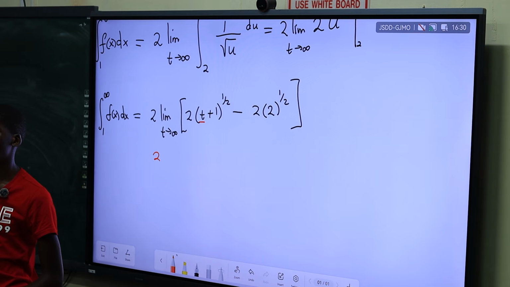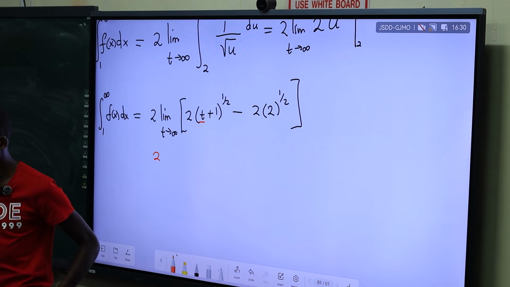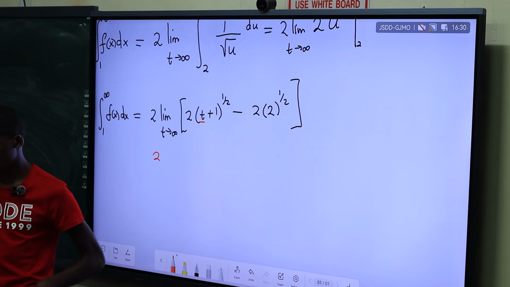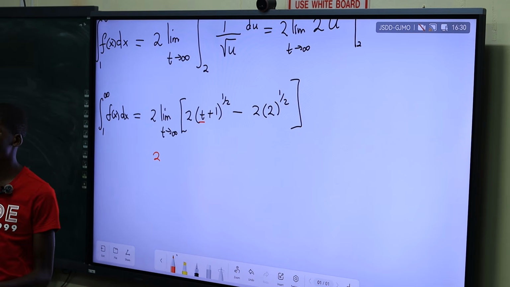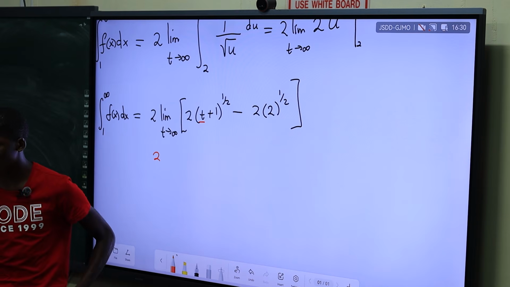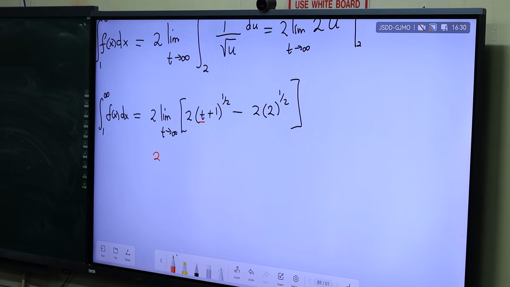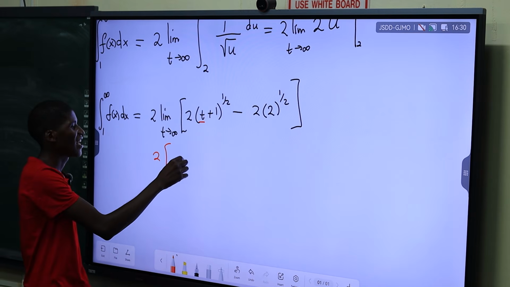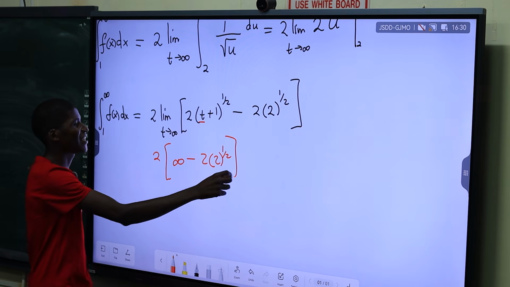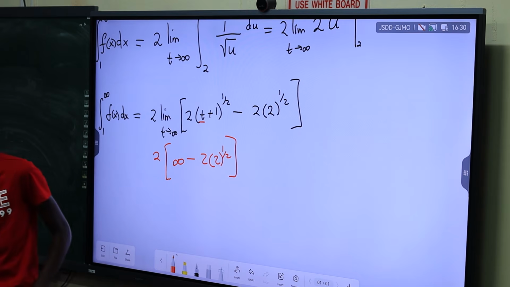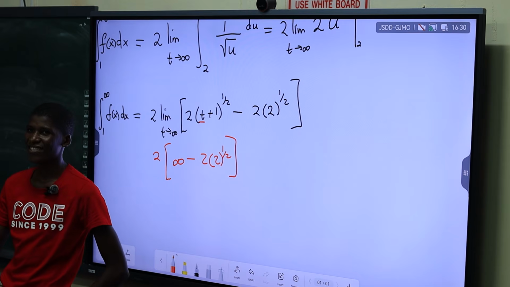As t becomes bigger and bigger and bigger, what happens to that? It also becomes bigger and bigger. Yes. So this is actually going to infinity as well, because as t becomes bigger, it is also going to infinity. So this is like saying 2 into infinity. Yes, lastly, integral test. So this is supposedly going to diverge.